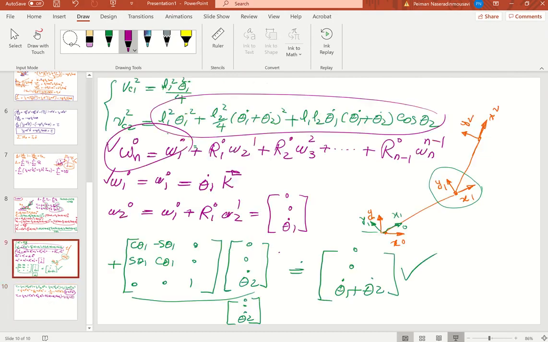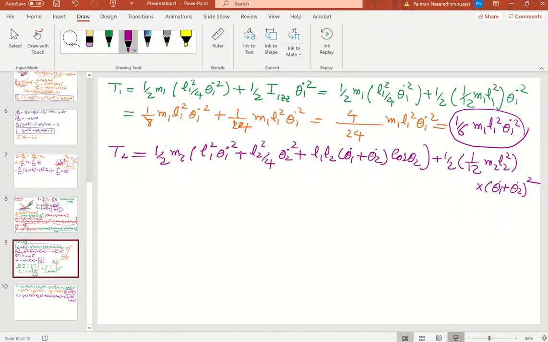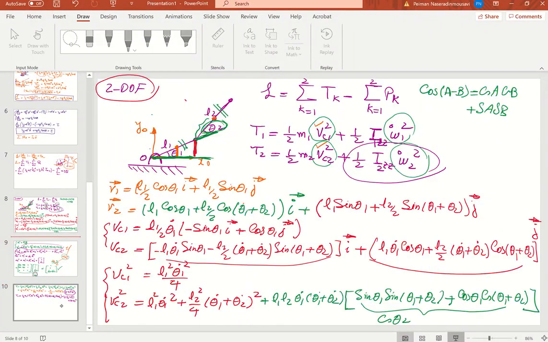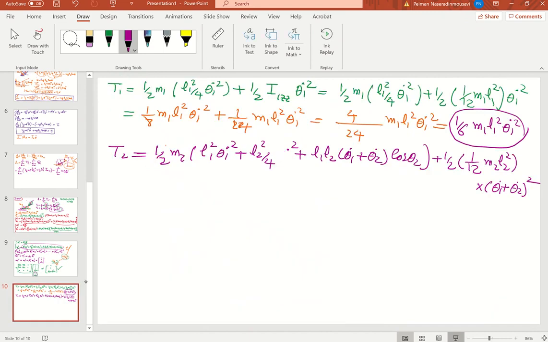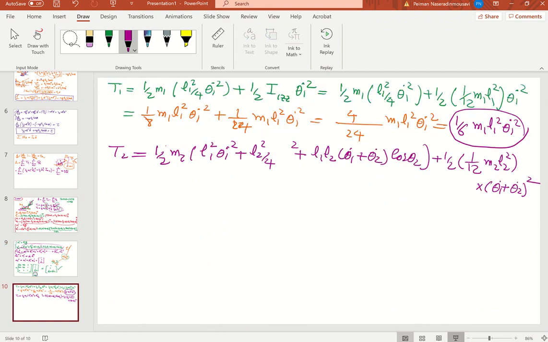Omega of that is what? It is theta dot 1 plus theta dot 2, squared. Let me see if I'm wrong. So it is going to be theta dot 1 plus theta dot 2 square. So, a huge term.